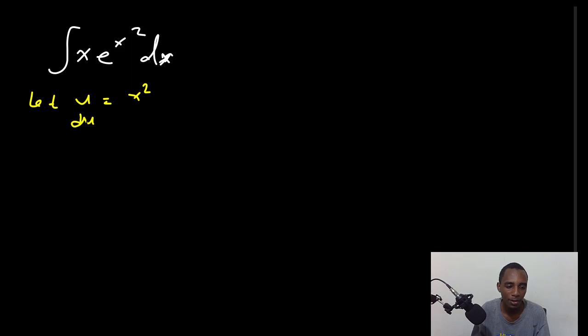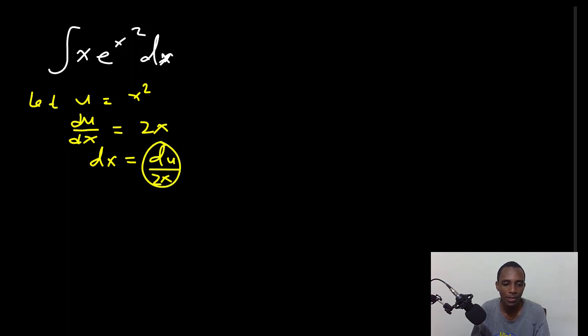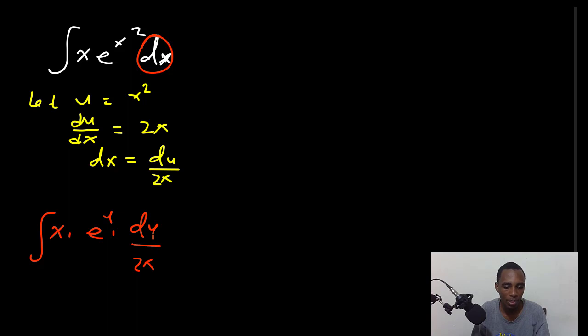Okay, so du dx is going to be 2x. That means dx is going to be du divided by 2x, which is nice because we are going to replace for this here. So I rewrite the integral again as the integral of x times exponent of u times, for dx I'll write du divided by 2x, and you can clearly see that this x cancels with this.